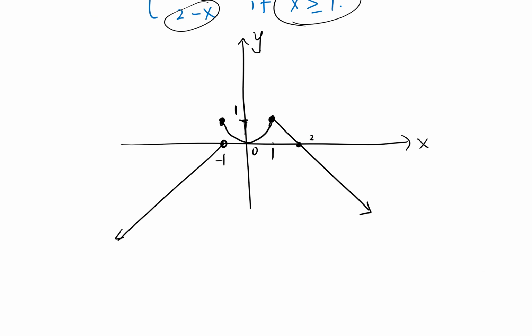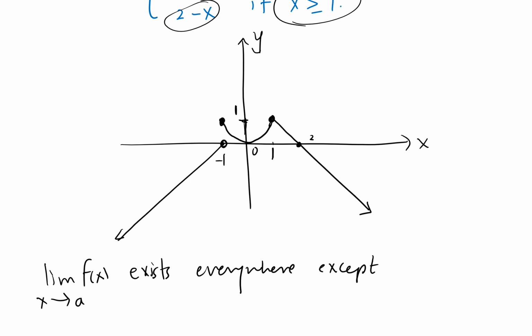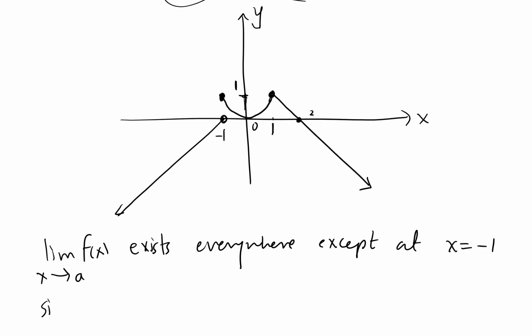Where does the limit exist? Notice the limit of the function as x approaches any number a exists everywhere except at x equals -1. Do you see why? Because if you try to approach the limit of the function as x approaches -1 from the left side or right side, they are not going to be equal.